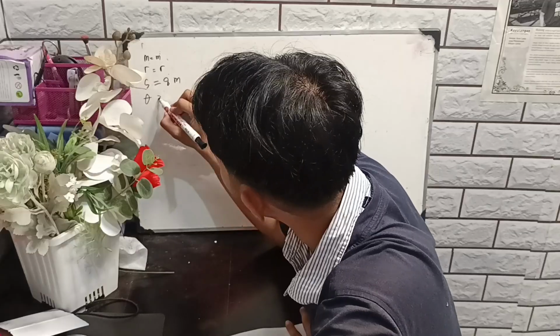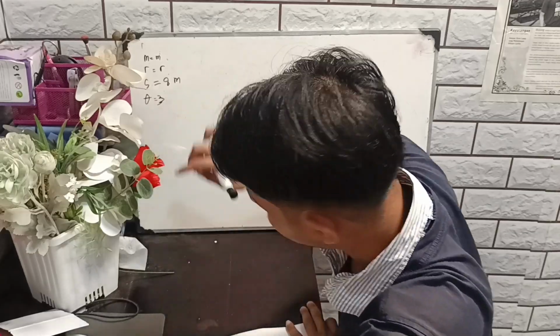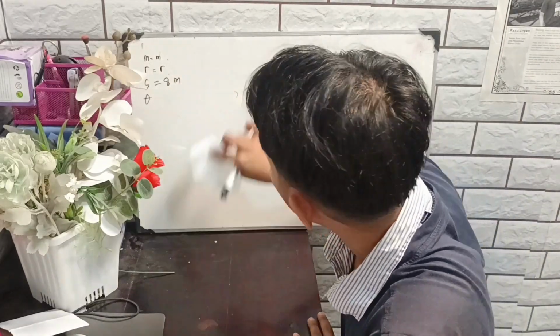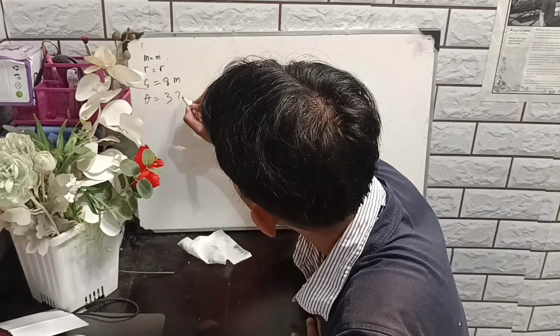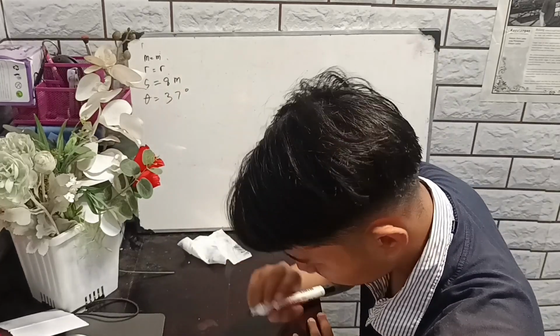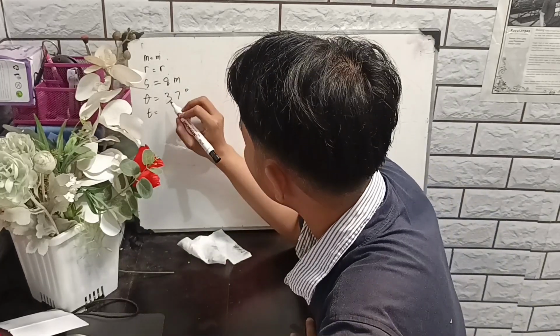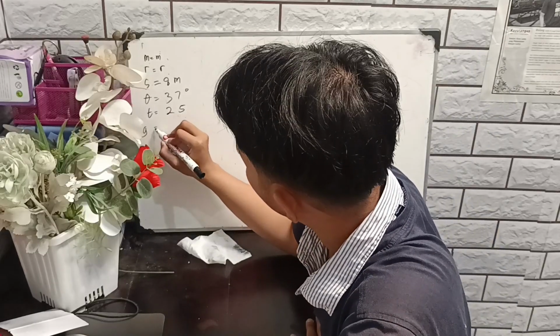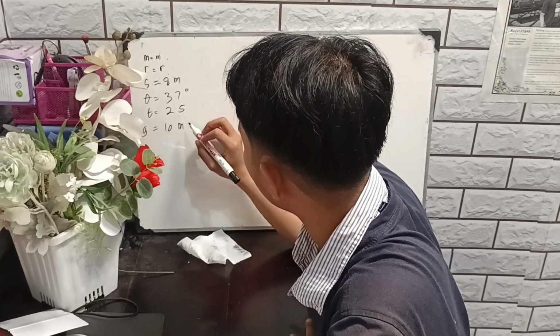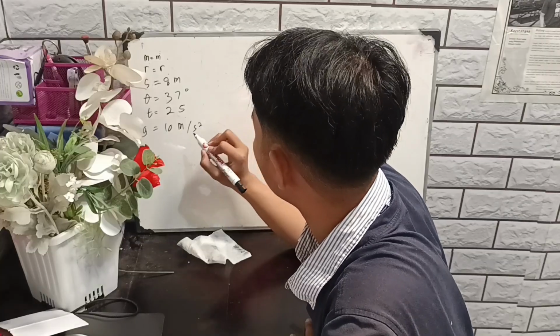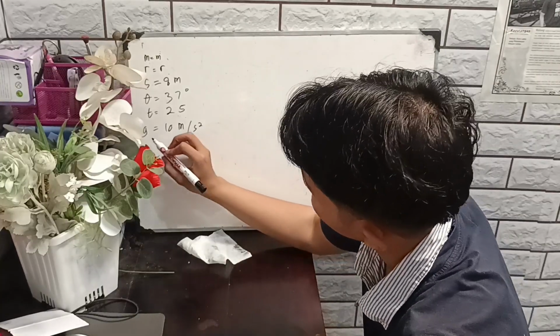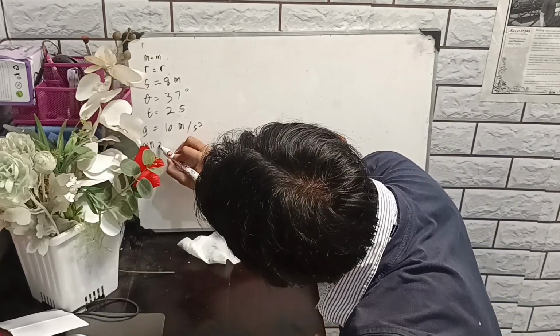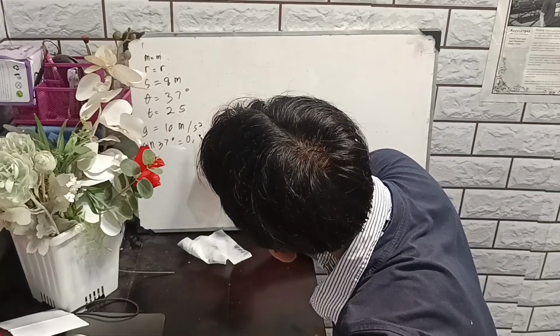The angle is 37 degrees and the time span is 2 seconds. The assumption is that gravitational acceleration is 10 meters per second squared, and sin 37 is equal to 0.6.